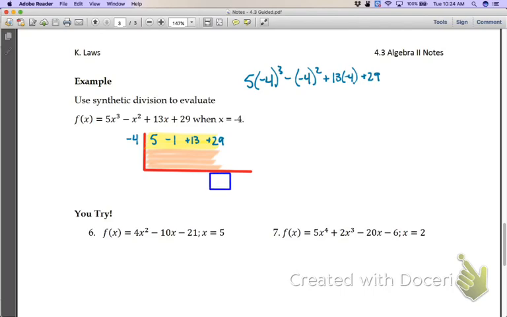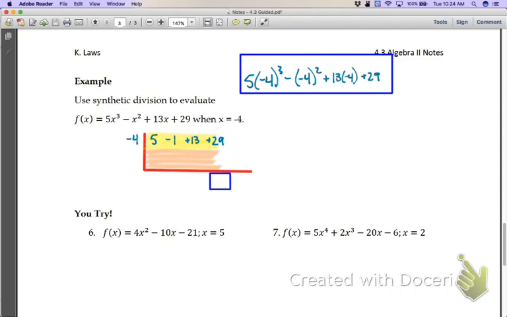It's the number that's down in that. It's basically whatever my remainder is. Whatever my remainder is going to equal the same thing if I plug it in right here. Okay? It just is giving you another option.